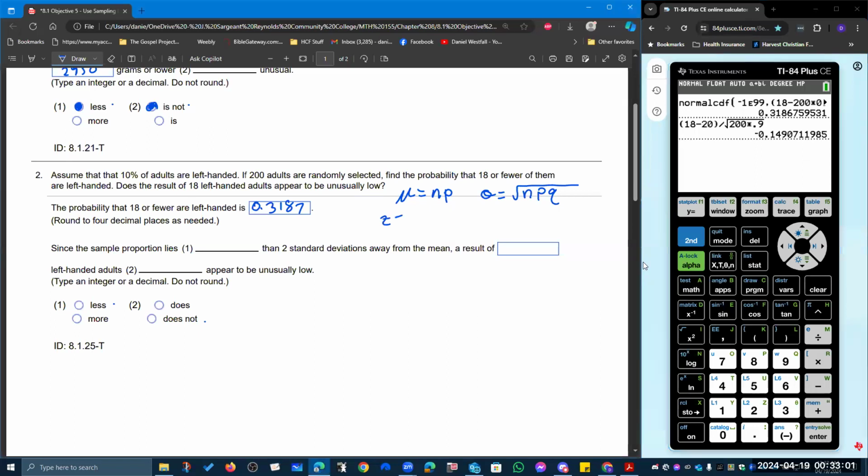So the z value is negative 0.15, which definitely is less than 2 standard deviations away from the mean. So the result of 18 left-handed adults does not appear to be unusually low.